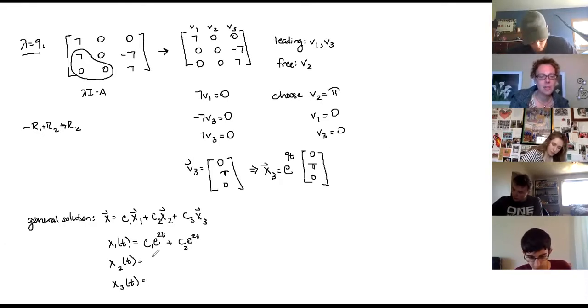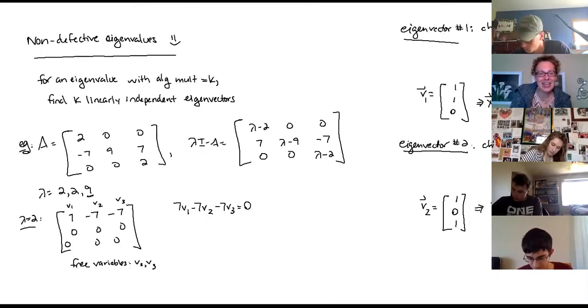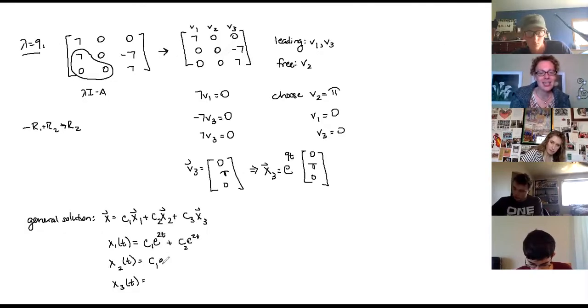X2 is going to be C1 and a 0. C1 e to the 2t, that next part is 0, plus pi C3 e to the 9t, right? That's my third part there.